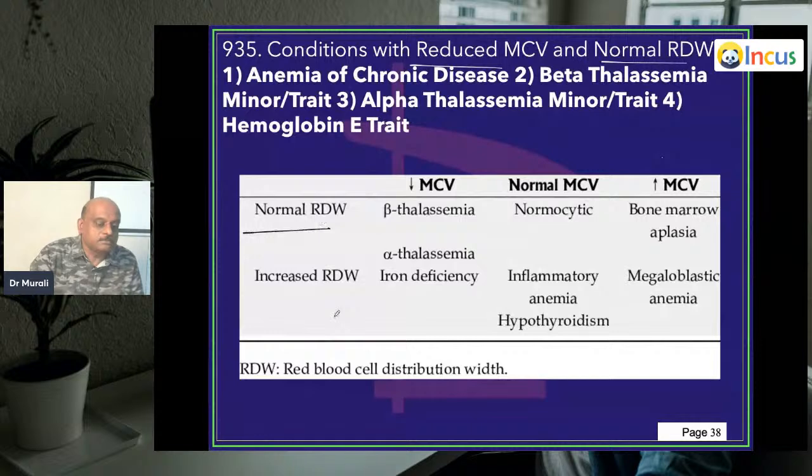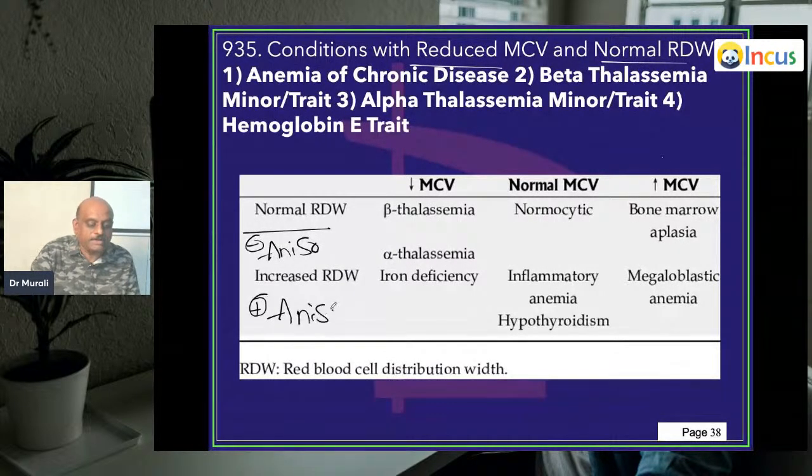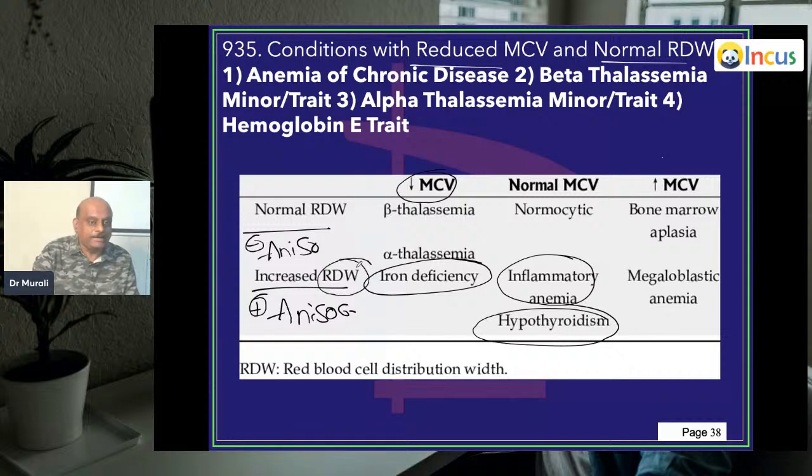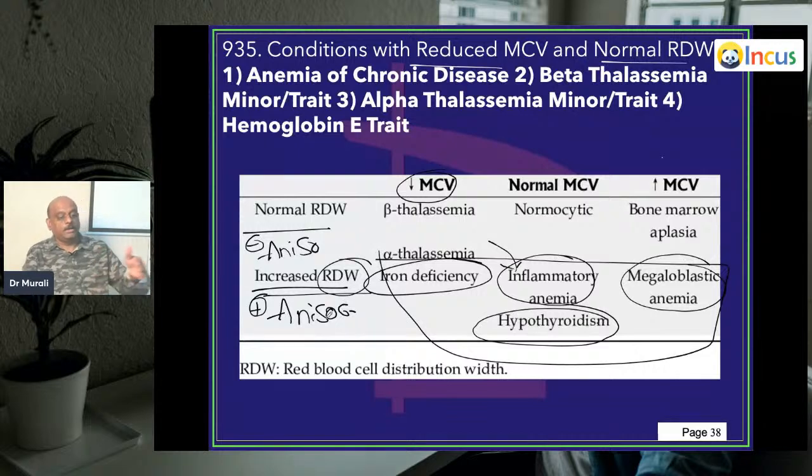Normal RDW means no anisocytosis. Increased RDW means anisocytosis is there. So in iron deficiency, MCV is low and RDW is increased. You all agree? Anemia of chronic inflammation, hypothyroidism: RDW is high, but MCV is normal. Megaloblastic anemia: MCV is increased with increased RDW. So in all these conditions, you have anisocytosis.